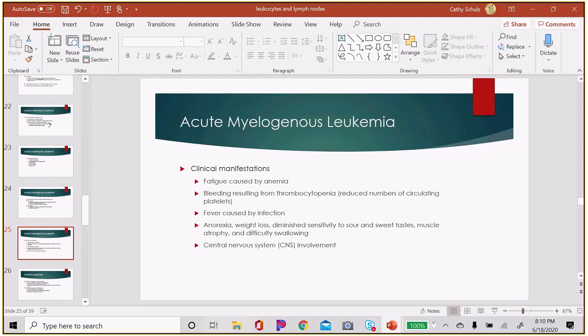So again, we will still have similar features because of crowding of the bone marrow. Anemia, potential easy bleeding. The fever could be caused by infection because the person is not able to fight infections that they encounter because they don't have functioning white blood cells.